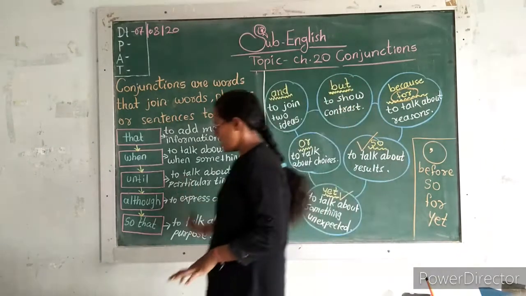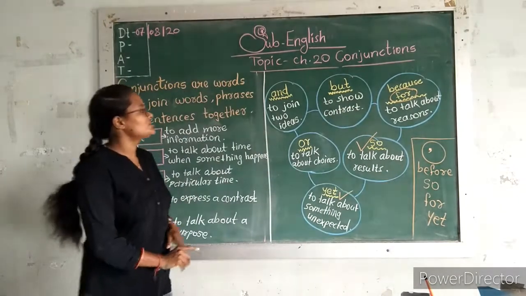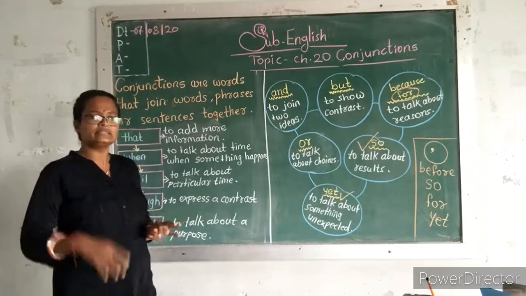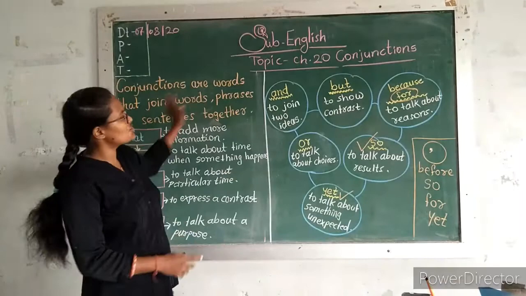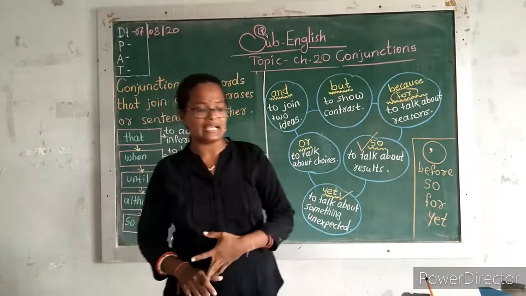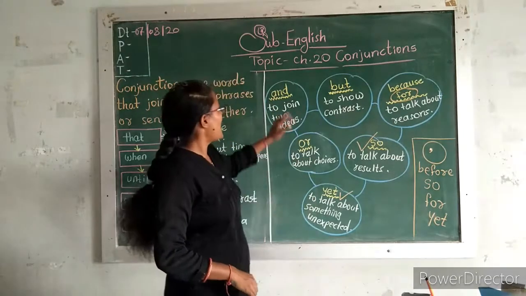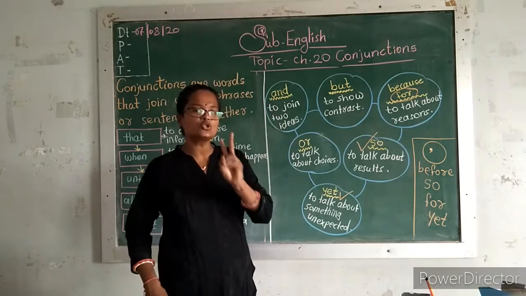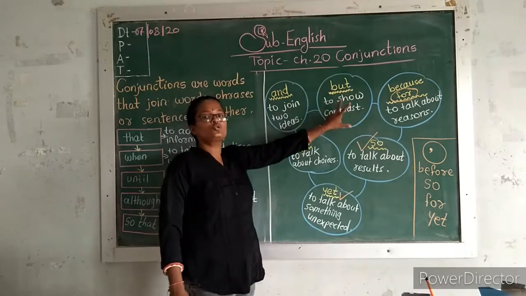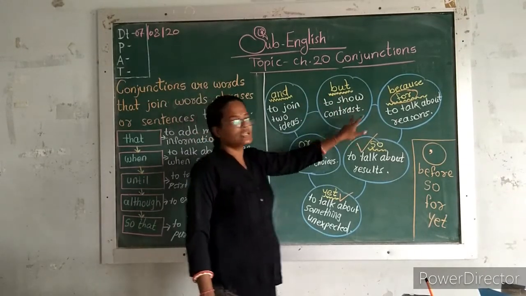Now, I think this information will help you to be clearer about these conjunctions. One more time, we will just read it and then we are going to see our textbook exercises. And is used to join two ideas, but is used to show contrast.